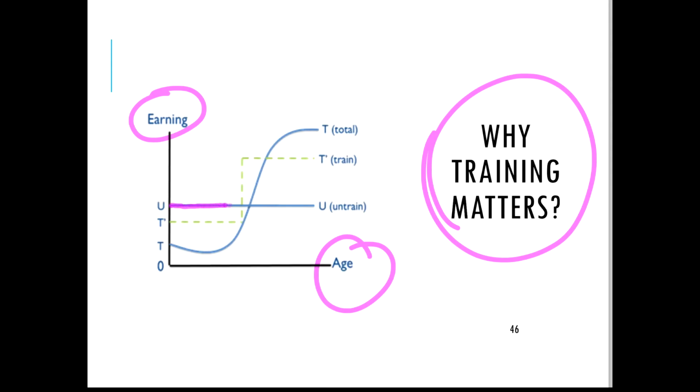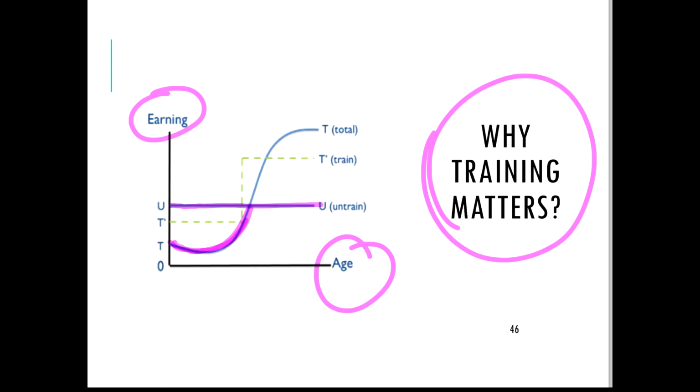But if they change their mind to invest in themselves through training or education, the earning function, or earning graph, at the beginning is below the untrained one, right?